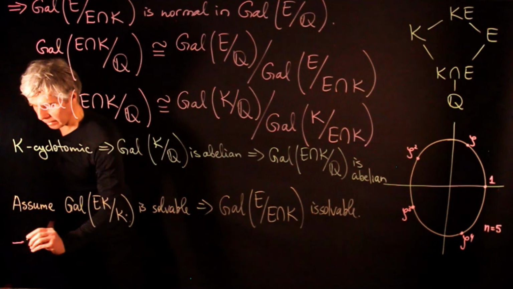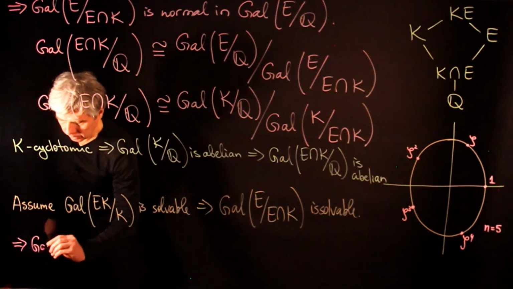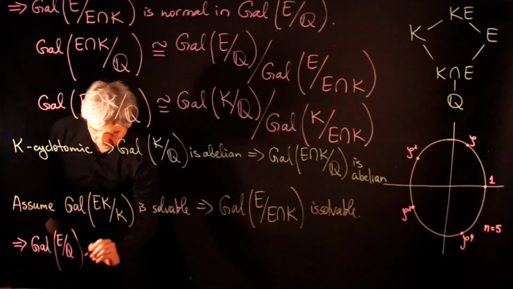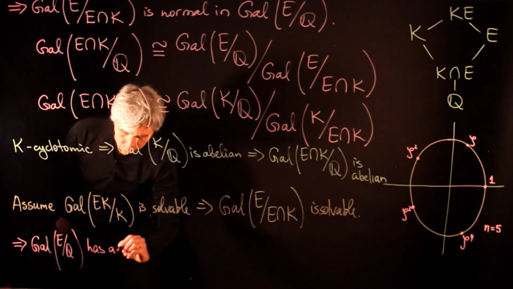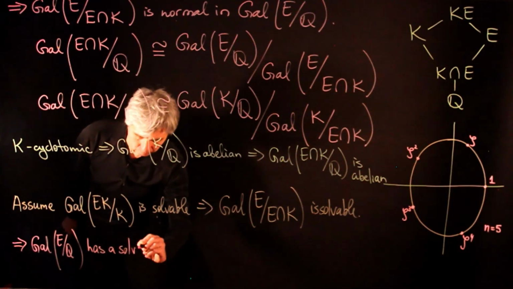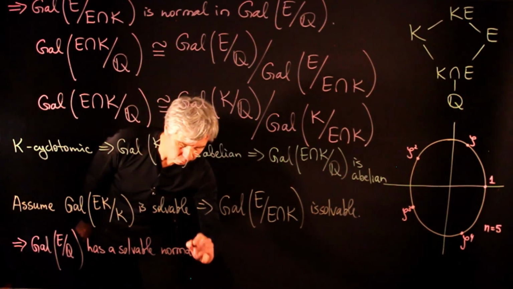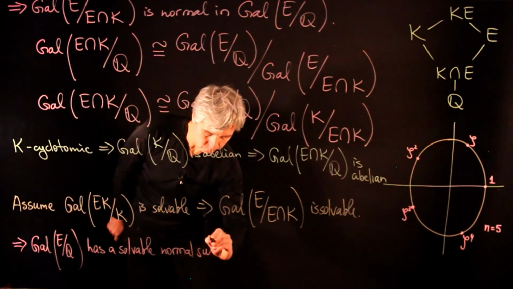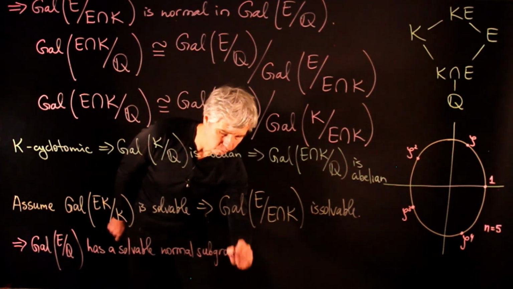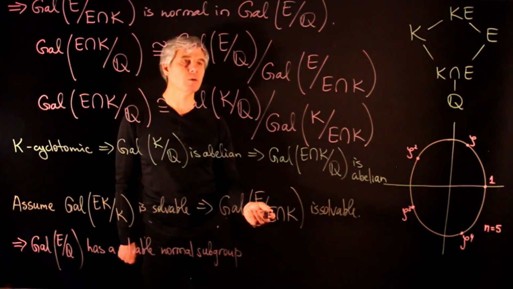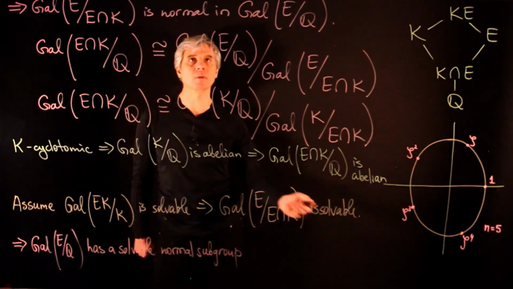Now we see that the Galois group of E over Q has a solvable normal subgroup. So this Galois group of E over the intersection of E with K is solvable.